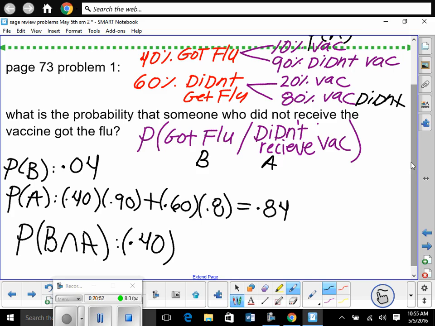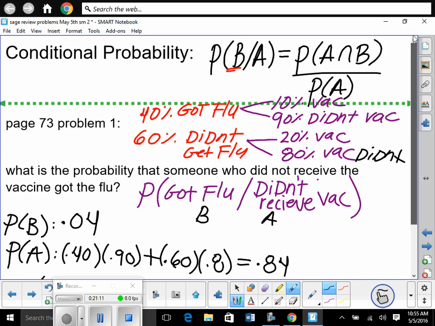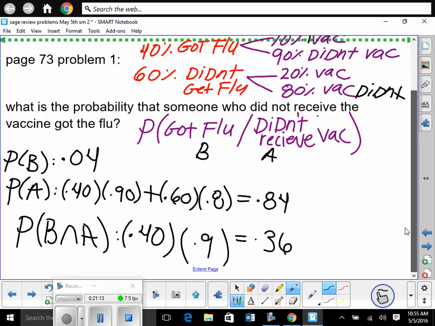Don't you multiply individual probabilities for 'and'? 0.4 times 0.9, right? What do you get? 0.36. So now we'll do the formula, which was the intersection divided by the probability of A. So the intersection was 0.36 divided by A, which was 0.84.